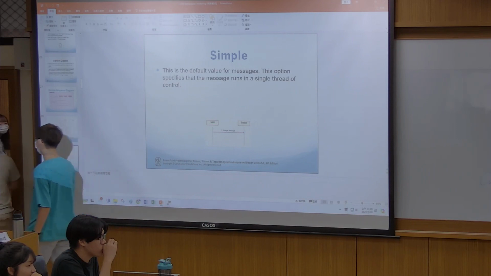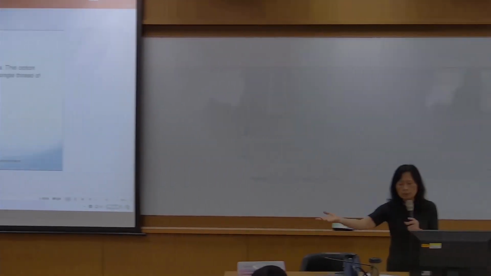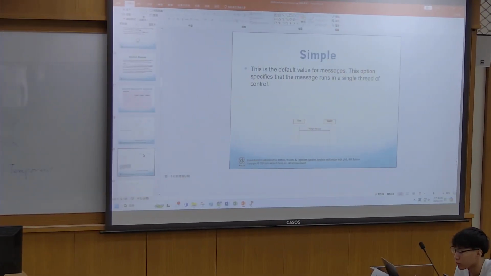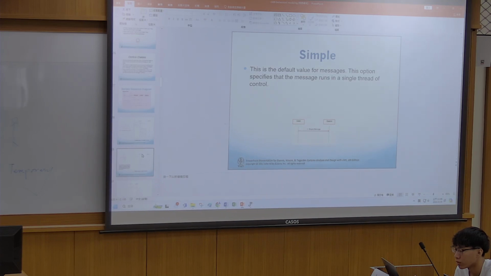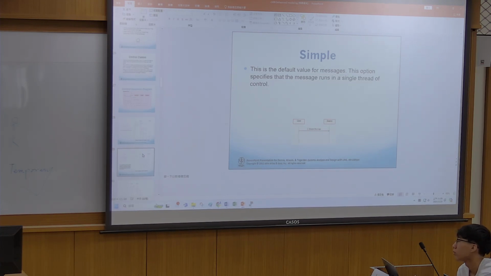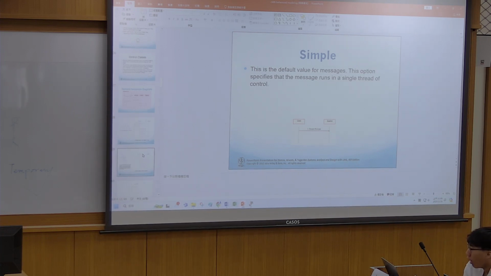You can convert directly from sequence to communication diagram, but they have different purposes, right? Sequence diagrams are used most of the time, not communication diagrams. But we still need to know that we have these kinds of diagrams, right?